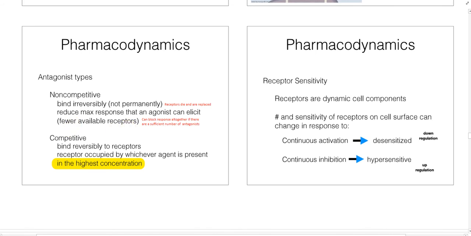There's no response possible. A competitive antagonist is going to be one that is going to, as the name implies, compete for those receptor sites with the endogenous chemicals that are meant to go on there. And whichever one has higher concentration in the blood is going to be the winner, basically.